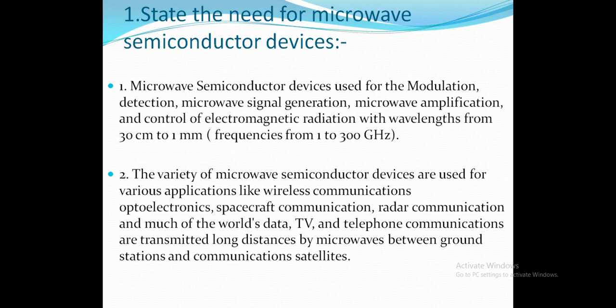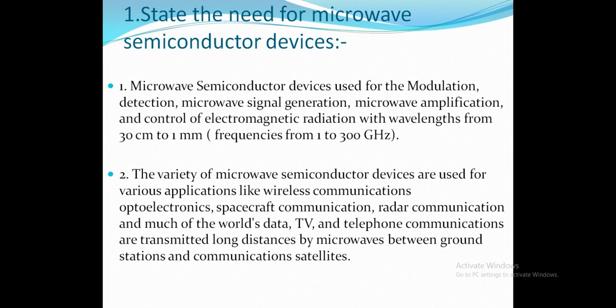The available devices for generation and amplification of microwaves are conventional semiconductor devices and microwave tubes, but these devices have the following shortcomings: the limitations of conventional transistors at microwave frequency, and the limitations of microwave tubes.